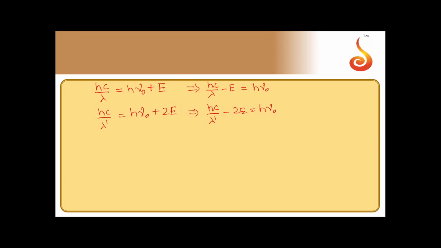So now the right hand sides are the same, you can equate the left hand sides. hc by lambda minus E is equal to hc by lambda dash minus 2E. So now we need to solve for lambda dash. Send this 2E to this side, it will become plus 2E. So it will be hc by lambda plus E is equal to hc by lambda dash.